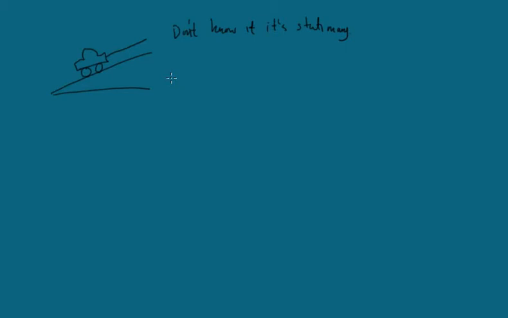If we assume the car slips down the slope, then friction must be limiting.